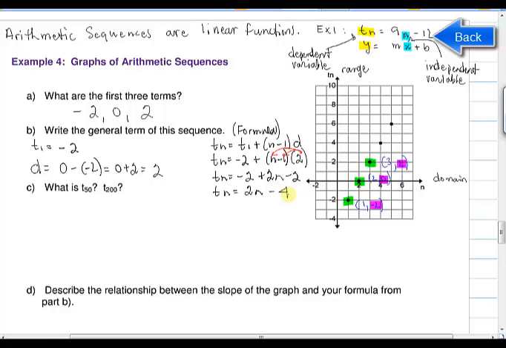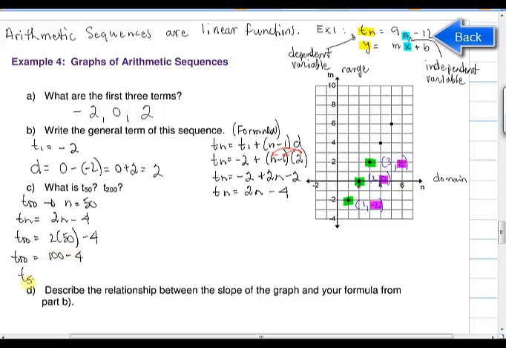And they want you to calculate what T50 is and what T200 is. Well, let's start with T50. If you're asked to find t50, then you can tell from this that n is equal to 50. So if we use our general term, t subscript n equals 2n minus 4, we're going to plug in 50 for n. And so we get t subscript 50 equals 2 times 50 minus 4. And that gives us 100 minus 4.